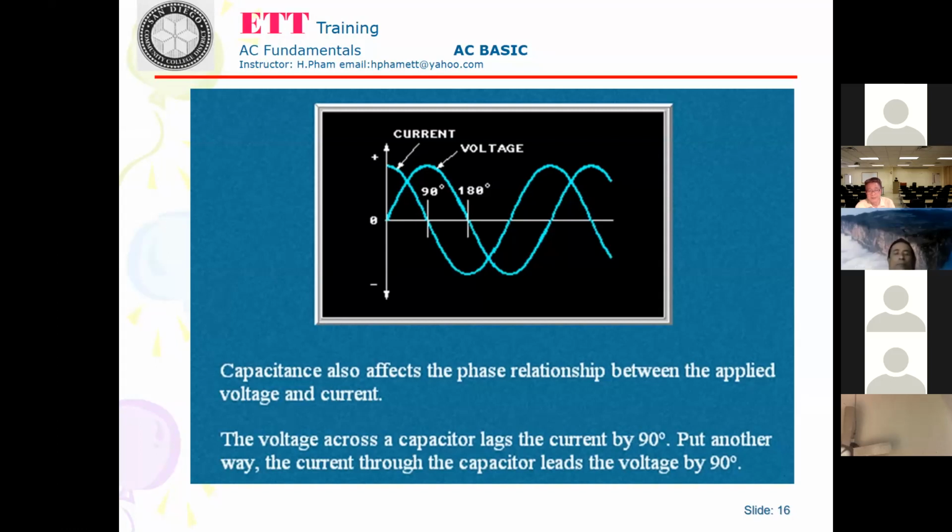In the AC, the current IC will be leading the voltage VC by 90 degrees. If I'm looking here, you can see that stands for the current. It goes to the peak 90 degrees before that one. So that means current will be leading the voltage by 90 degrees. That's an important thing.